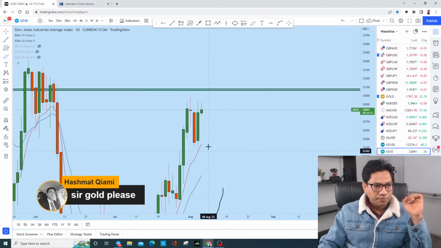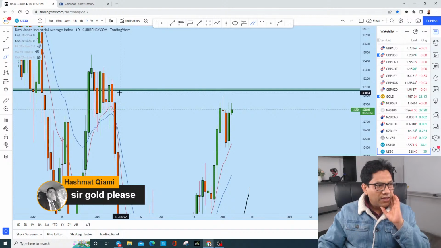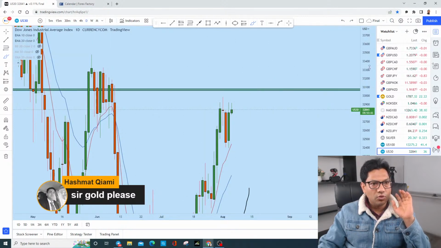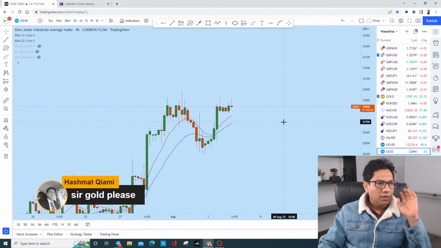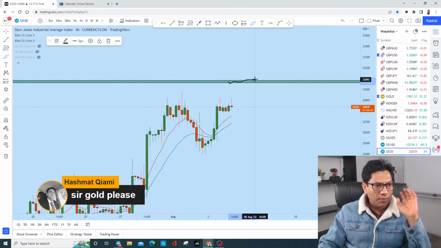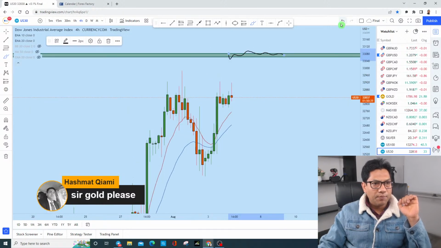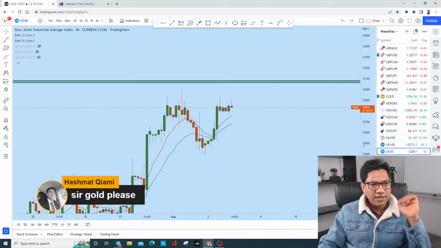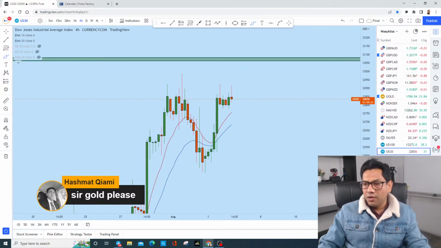You can see this is the daily, and I think that the price at least will go to this zone on the lower time frame. That's a good trading opportunity, because this zone is where the monthly doji, the liquidity zone, is, and I think that the price will go there and test this area. So let's see what happens.